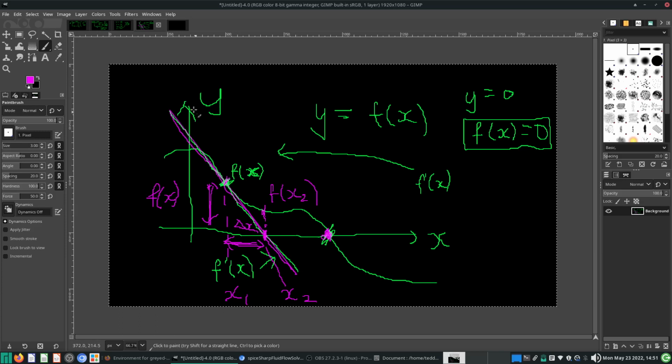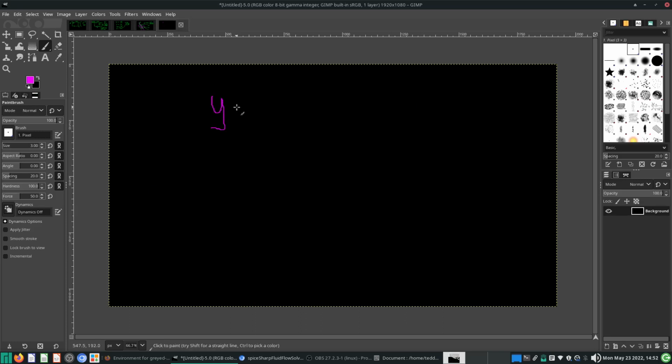This graphical approach actually works for one equation, where you have y equals f of x. But let's say we have multiple equations, how are you going to do the same thing? It's not just going to be y now, it's a multi-dimensional equation.